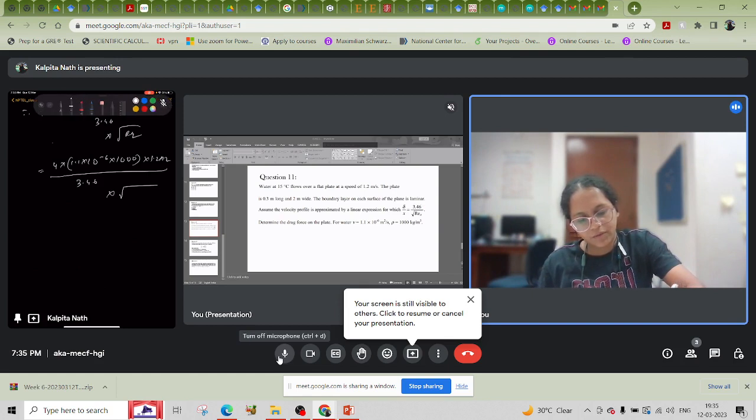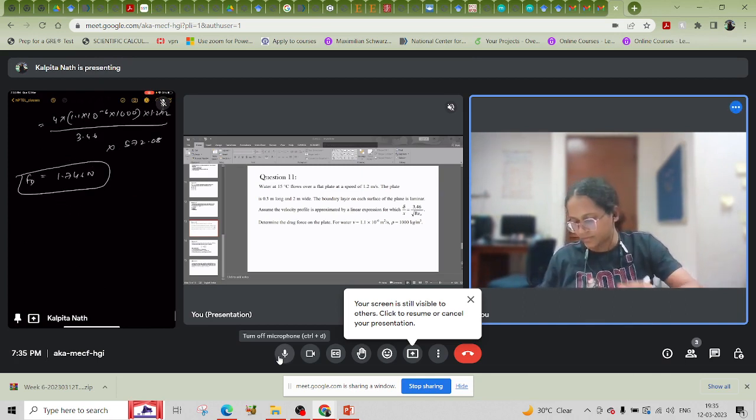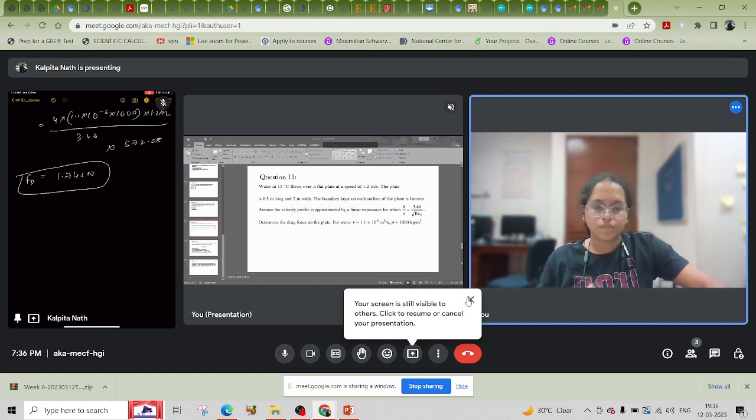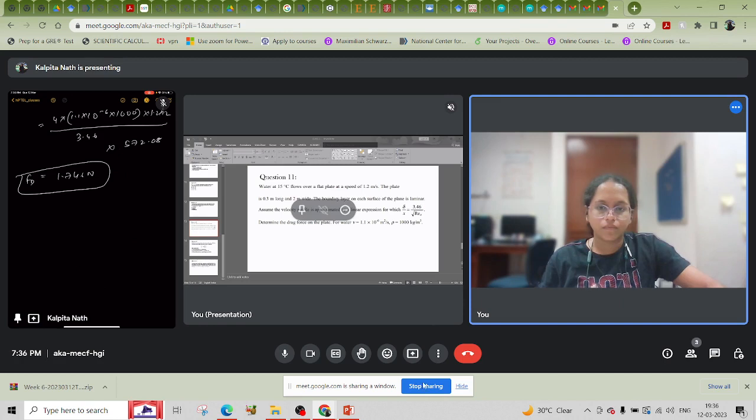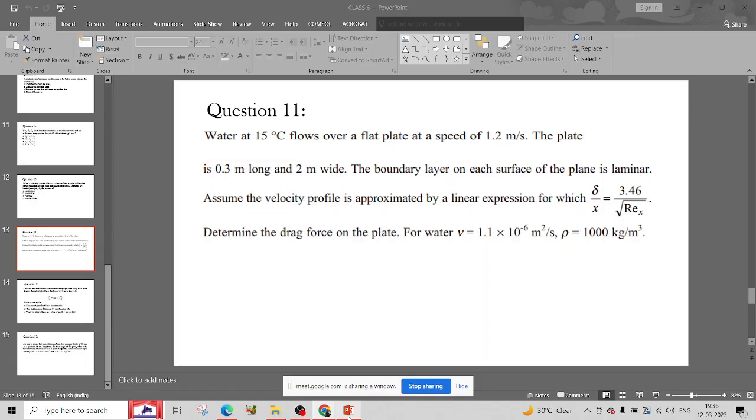We already found out that root over Reynolds number is 572.08. So FD is 1.746 Newton. This is the drag force that we needed to determine.